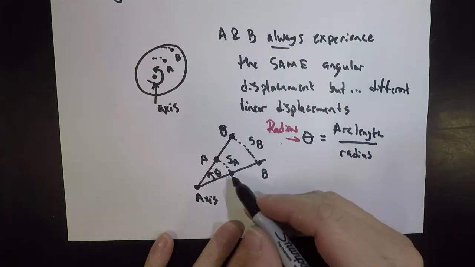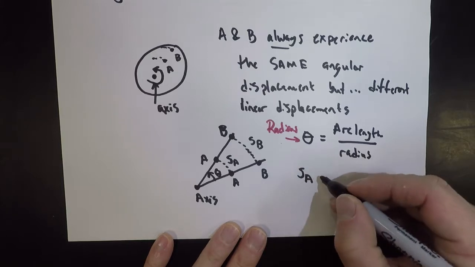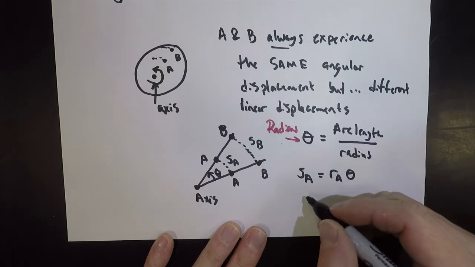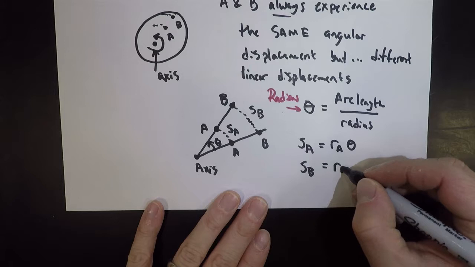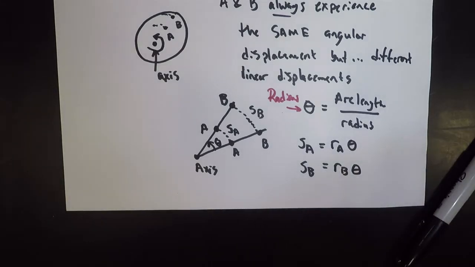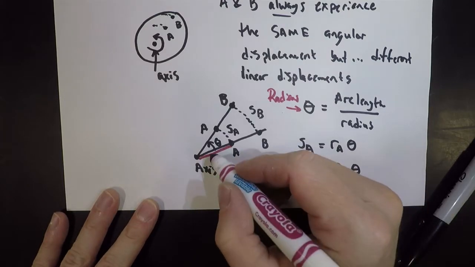So in general, I could say that SA is going to be equal to RA theta, and SB is going to be equal to RB theta, where RA and RB represent the distance from the axis of rotation to where that particle is.